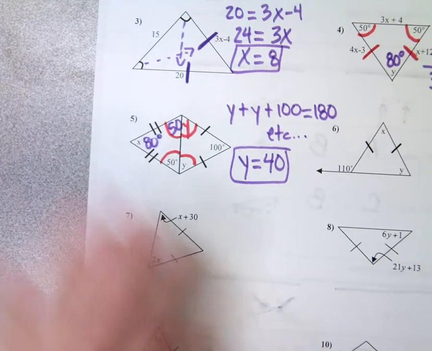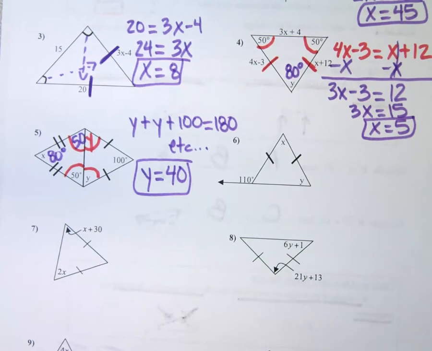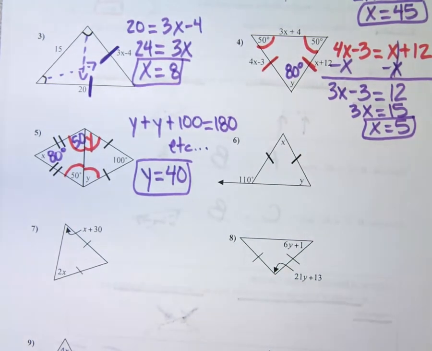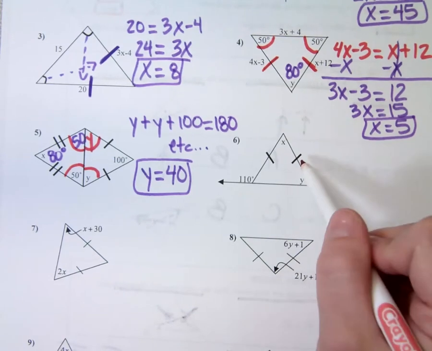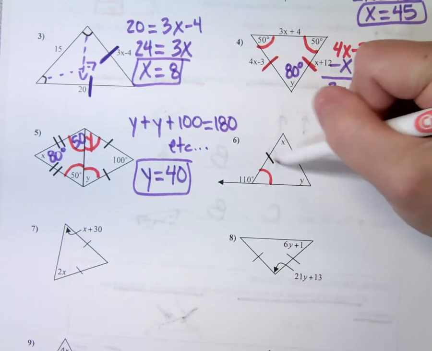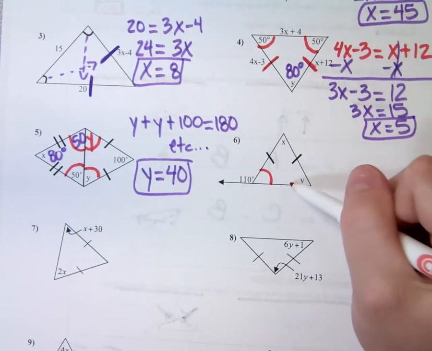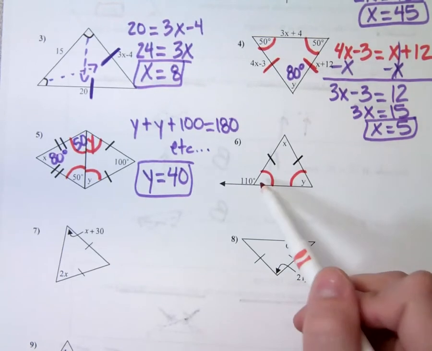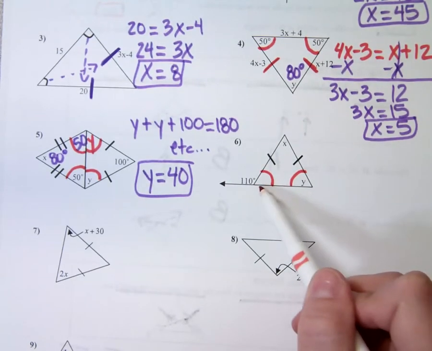Okay, number 6. We have to figure out where to start. So let's see here. I know these 2 sides are congruent, so I know the angles across from them are congruent. So the angle across from this side will be congruent to the angle across from this side. Now, could I figure out what this angle is?